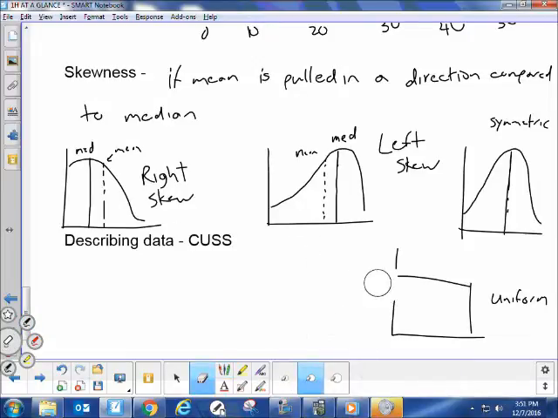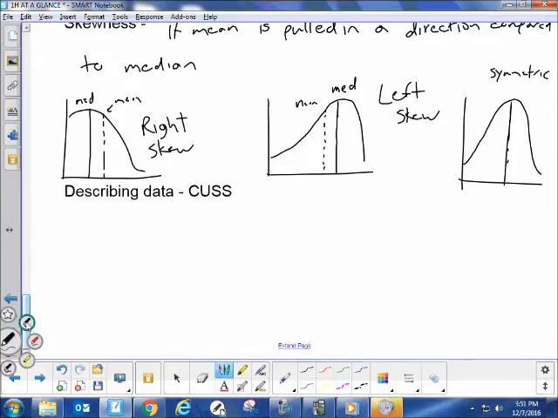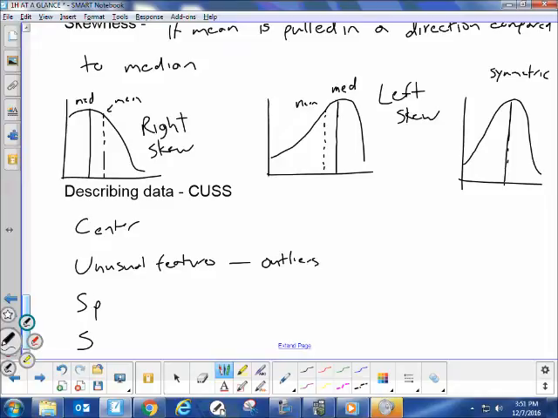Okay. And if you were asked to describe data, we typically want you to describe it using this mnemonic CUSS, where you talk about the center, any unusual features, which is like outliers, the spread of the data, which is either the range or the standard deviation, and the shape.